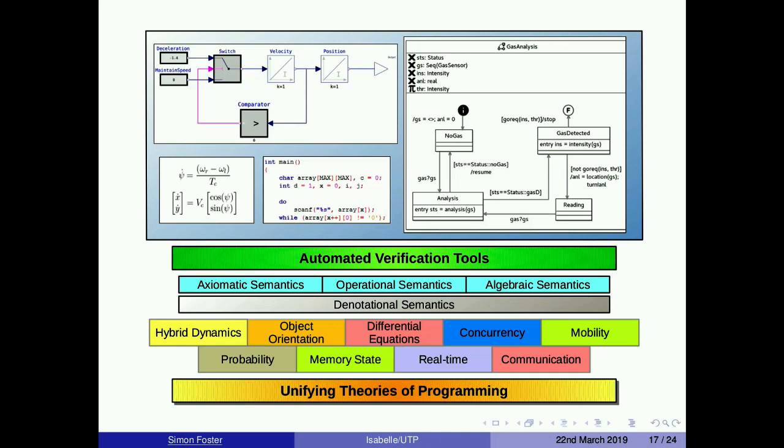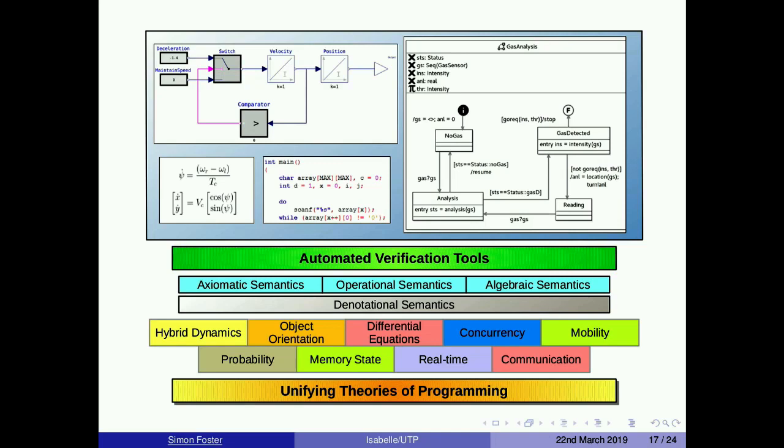And perhaps most importantly, when thinking about automated verification, we have axiomatic semantics. And axiomatic semantics involve things like Hoare logic, separation logic, refinement calculus, rely-guarantee. So these are all axiomatic semantics, right? They're all things that you can use deductively to reason about your program.